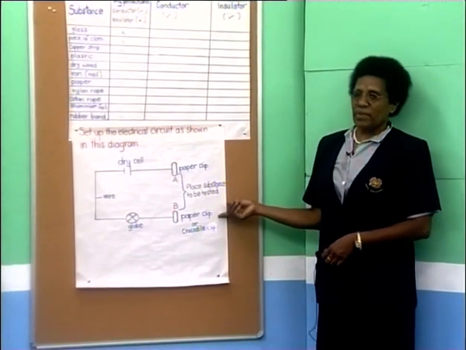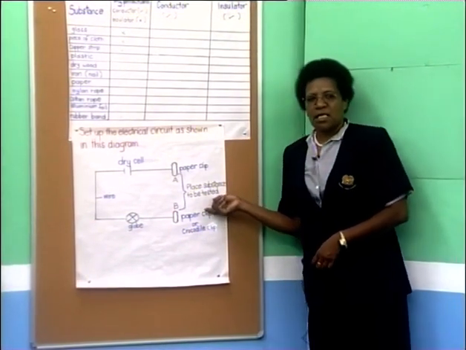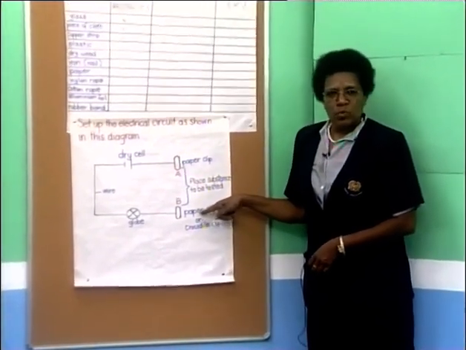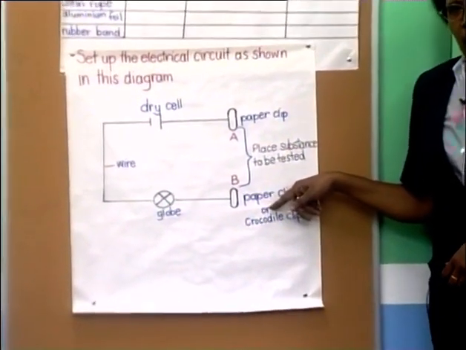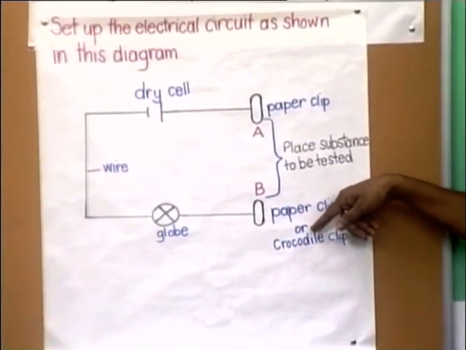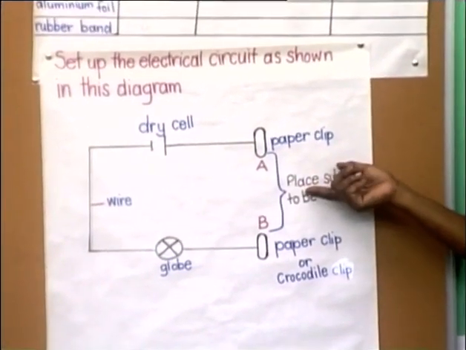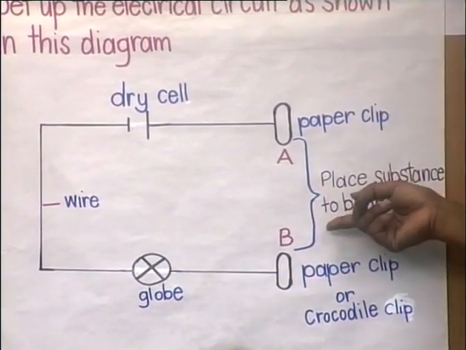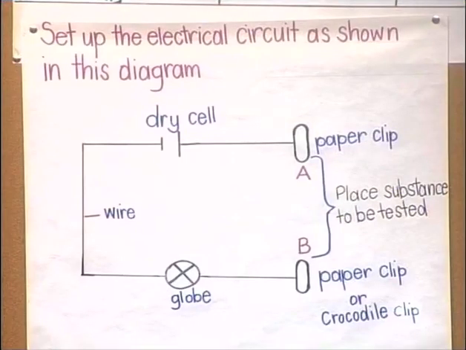So when you get your materials, class, I'd like you to set your circuits up with the help of this diagram, and the receiving students, you also should use the diagram to set up your circuits. You should be now working on your circuit.